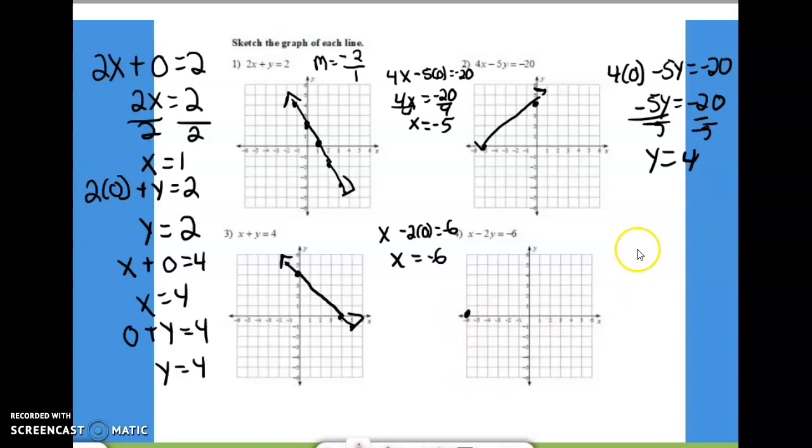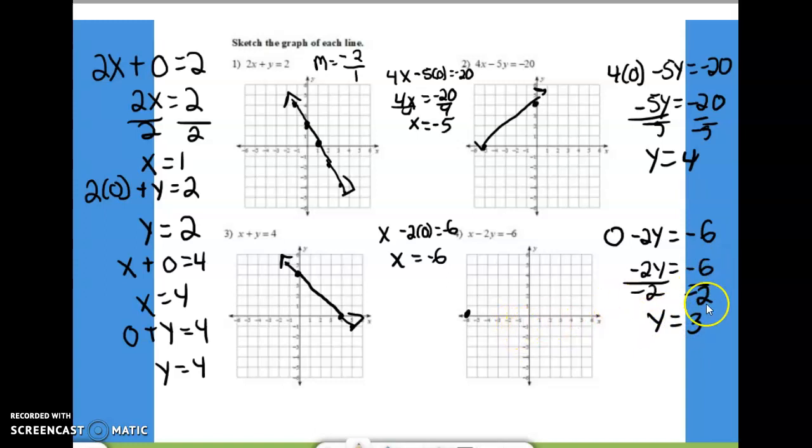Last one. All right, to find the y-intercept, what goes 0? The x. All right, so I am left with negative 2y equals negative 6. Well, half of 6 is 3. So the y-intercept is 3.